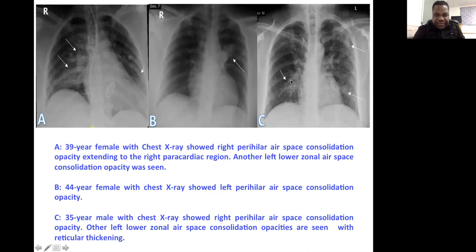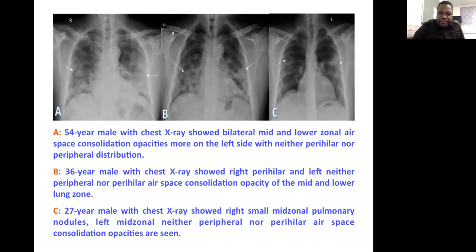And we can also see here and there in a 35-year-old male patient airspace consolidation opacities. And in this series of chest X-rays, in this patient we have bilateral mid and lower zonal airspace consolidation opacities.